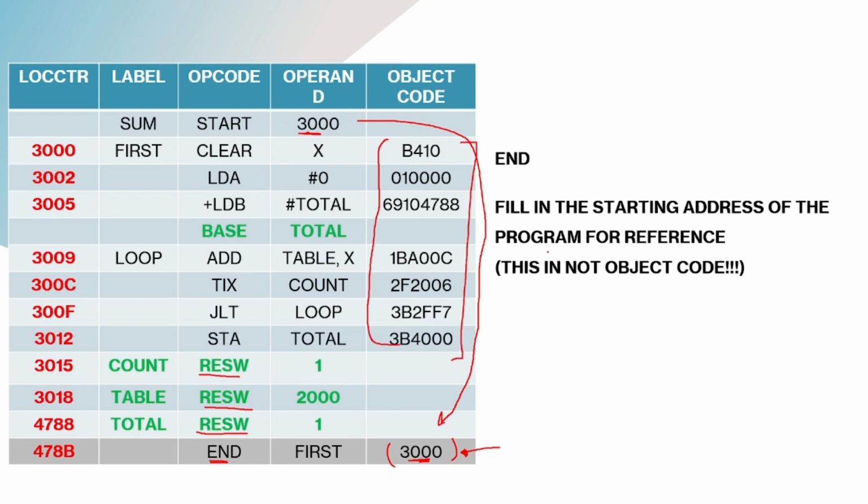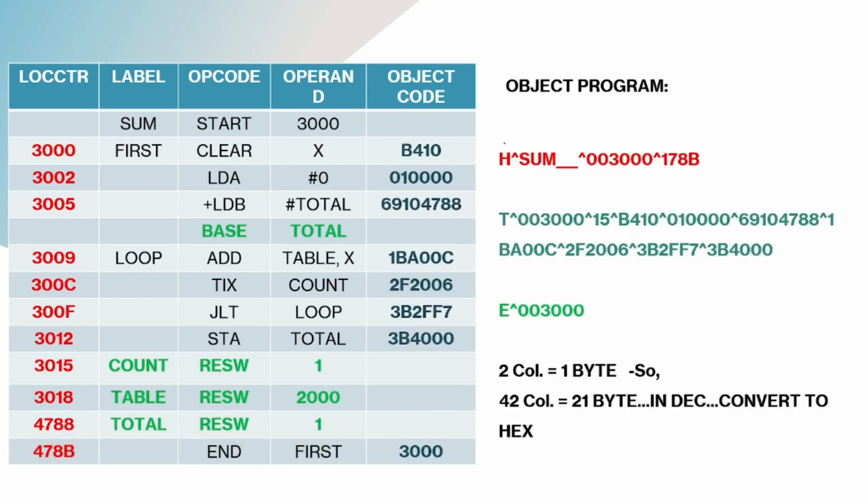How do we do that? We use the header record, the text record, and the end record, right? So hope you know this, or we'll just take a dive into it. So header. The first column, we'll refer to it as columns, right? We don't use bits and all of that, for simplicity.